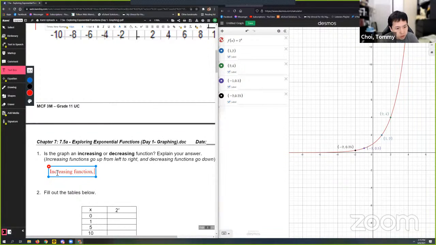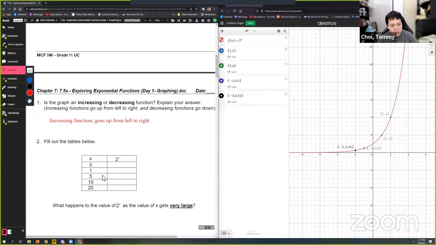An increasing function goes up from left to right. As we do in Canada, in the Western world, we read things from left to right. So understanding from left to right, it is increasing. It's going up towards the right. So that's going to be an increasing function.